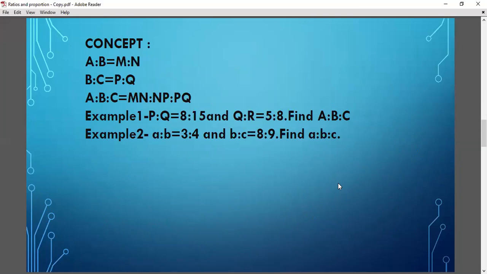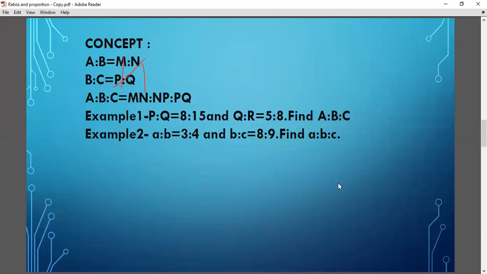So for that, simply you have to remember the pattern, which is nothing but simply you have to multiply this M value with P and P value with N and N value with Q. You need to multiply all these terms one at a time with the other values.